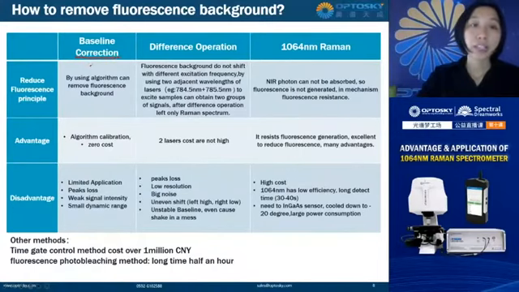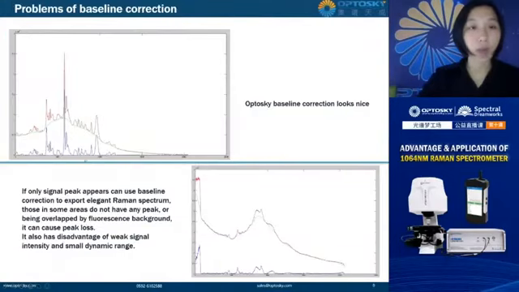Baseline correction has been integrated into our Optoscope Raman spectrometers. It just uses an algorithm to remove the fluorescence background, like this one. This is the fluorescence, and after we use the algorithm to remove this fluorescence signal, we get very nice Raman signals.